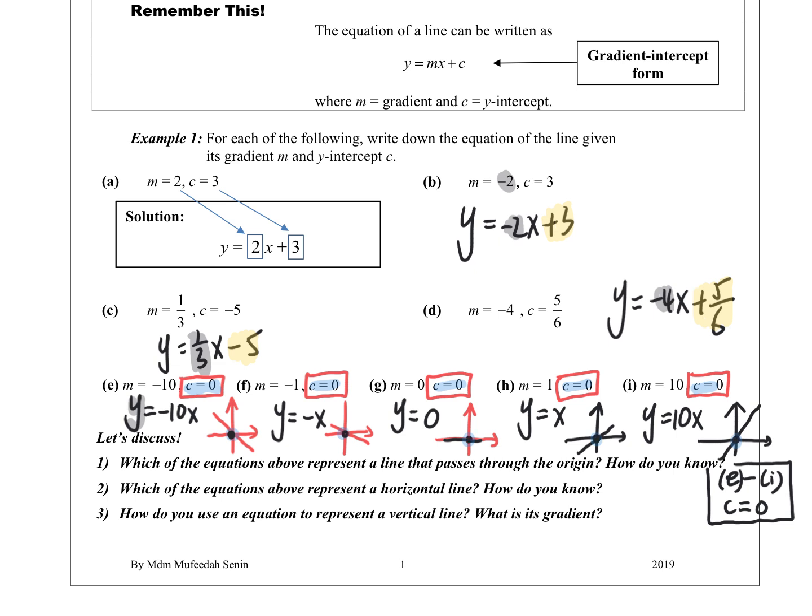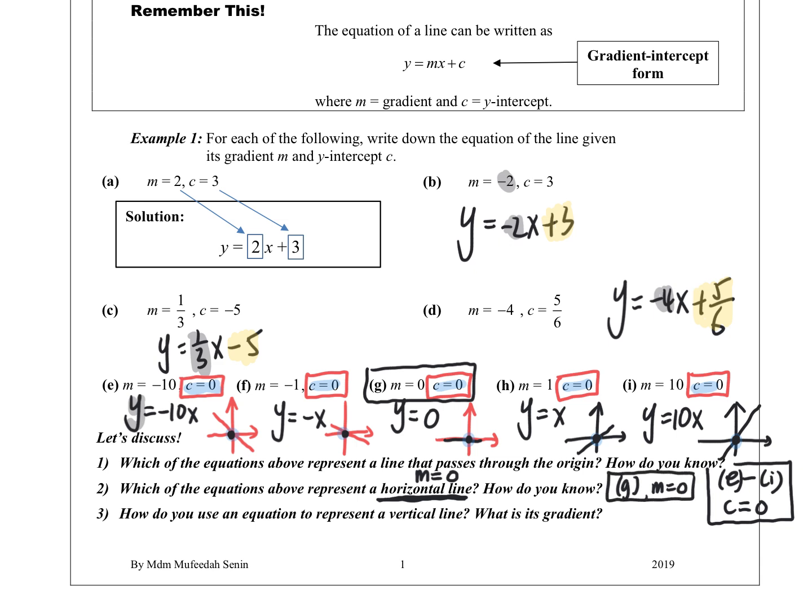So it passed through the origin. Then they ask you which equation represents a horizontal line. Horizontal line means gradient must be 0. So if you look at all the equation, only G, because M is 0.